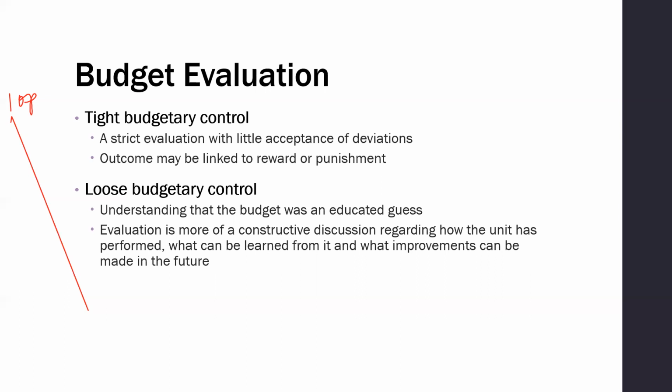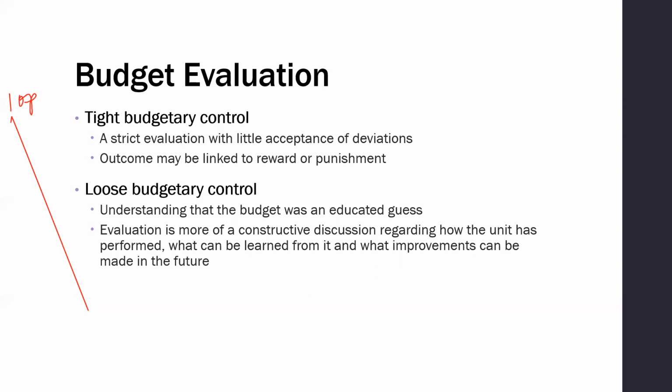Hindi ka off ka, meaning for example, sales. Dapat 100 million ang sales. Off ka by 2%. So, ilan yun? Say, 98 million. Tama. Yeah, 100 million ang sales na-target, 98 million ng actual. Off ka by 2%. So, the 2% will go down in your evaluation.